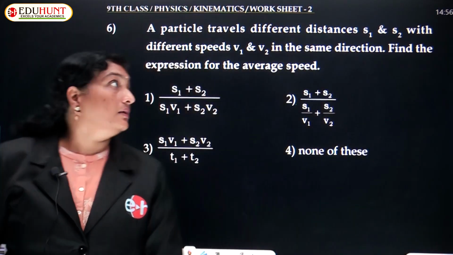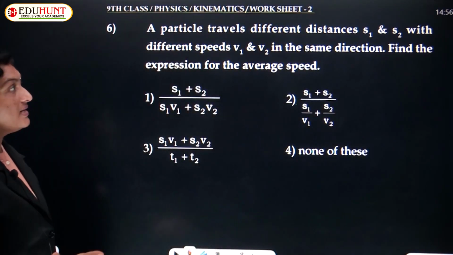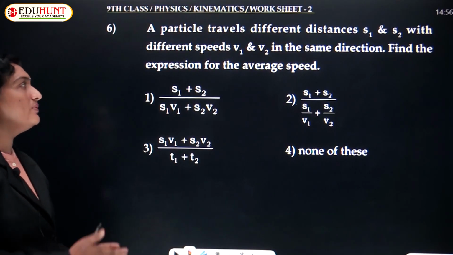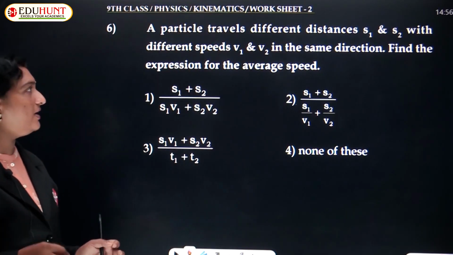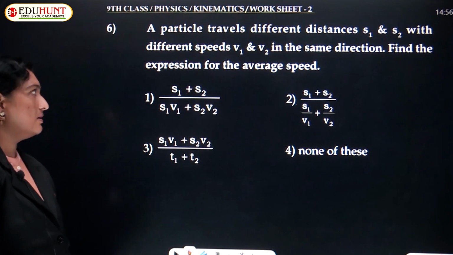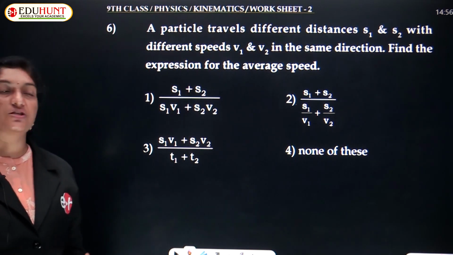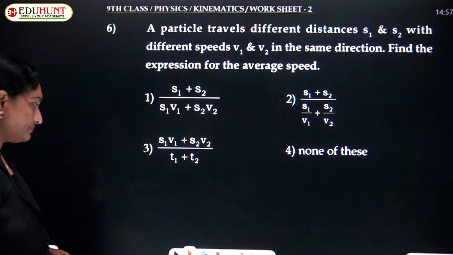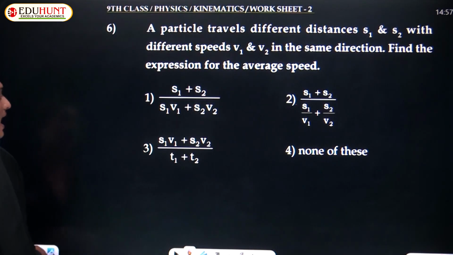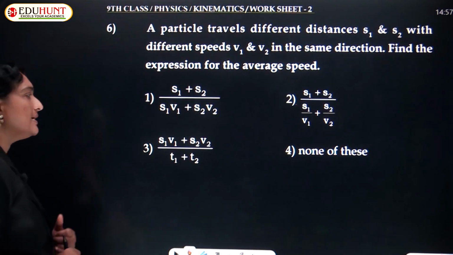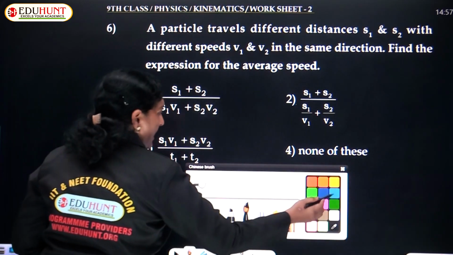A particle travels different distances S1 and S2 with different speeds V1 and V2 in the same direction. Find the expression for average speed. Children, as we know, average speed is given as total distance by total time.